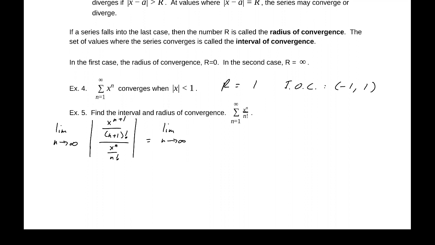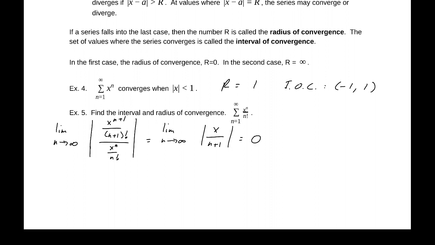Well, the n factorial cancels, so we get an n plus 1 left in the denominator, and the x to the n divides out to be x. So I have the absolute value of x over n plus 1. Now the limit of that is 0.